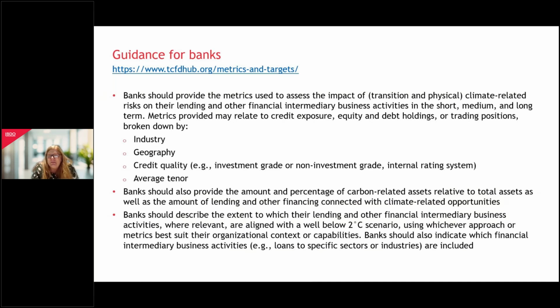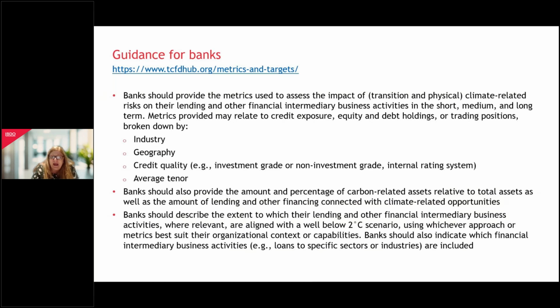So the metrics may relate to your credit exposure. It could relate to your equity and your debt holdings. It could be your trading positions, broken down by industry, by geography, by credit quality, and by average tenor.